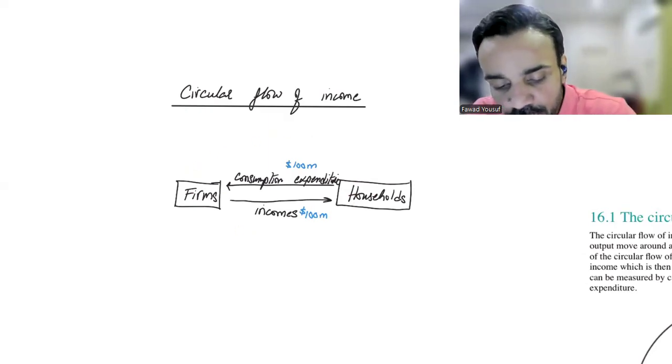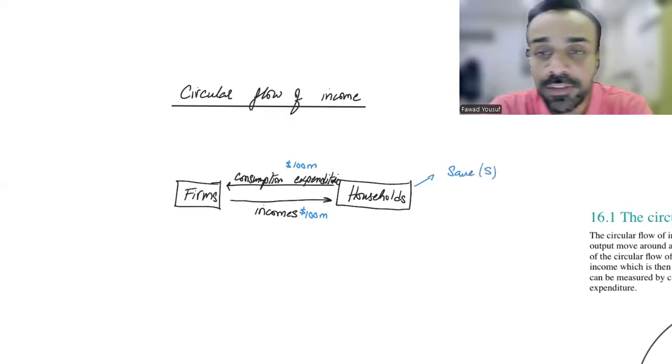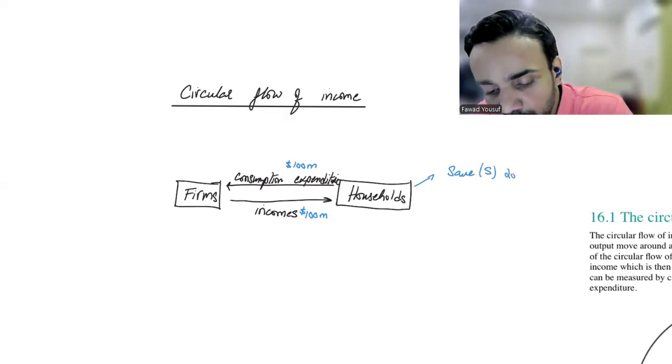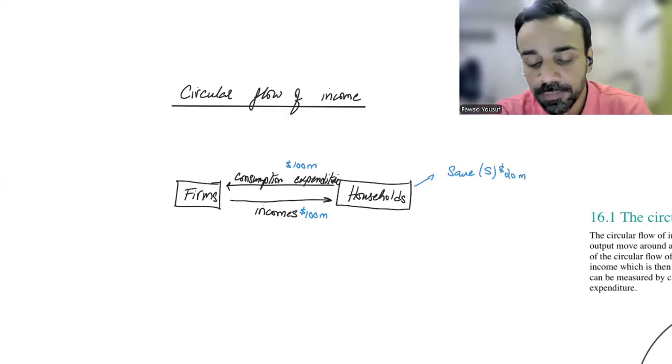But some households decide that we should save money for future. इसको हम कहते हैं savings. So what they've decided is let's take 20 million out and save. Now we're talking about the whole population collectively, right?